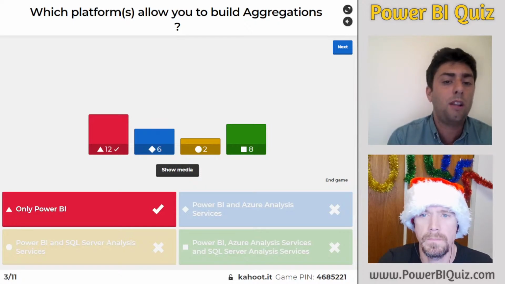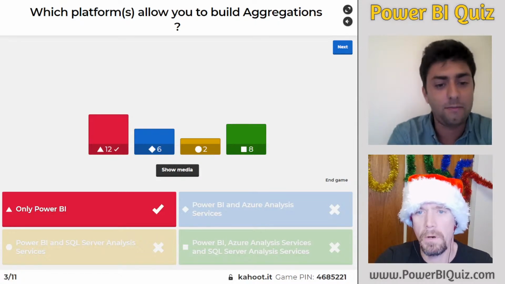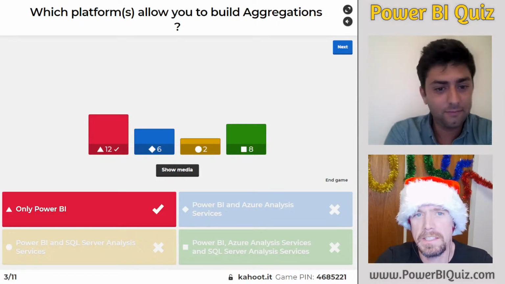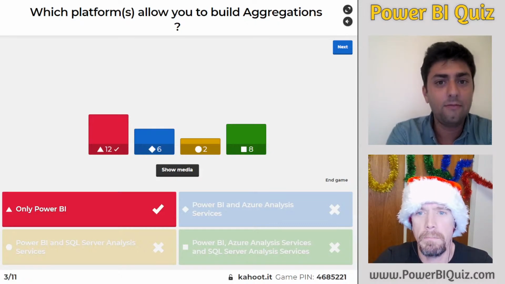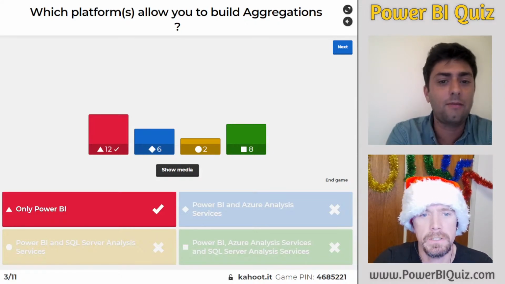Like you can only build your aggregations and deploy them using the Power BI semantic model. Yeah. Most of the people got the correct answer. But it's important, and this is also Power BI as a superset of Azure Analysis Services. So this is one of the features you get on top of Azure Analysis Services.